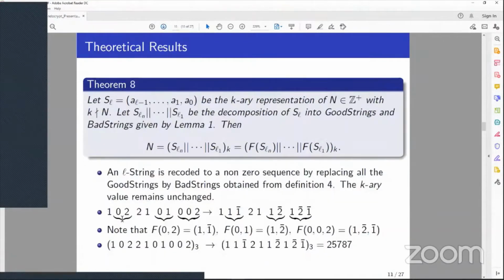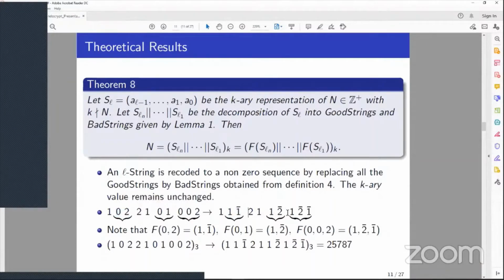This example is a ternary representation, and in this ternary representation, we call them bad strings because zeros appear in the sequence. We get rid of these zeros by replacing them: for 0, 2, I replace it with 1 and -1.